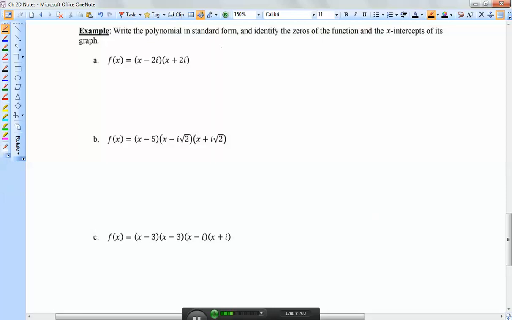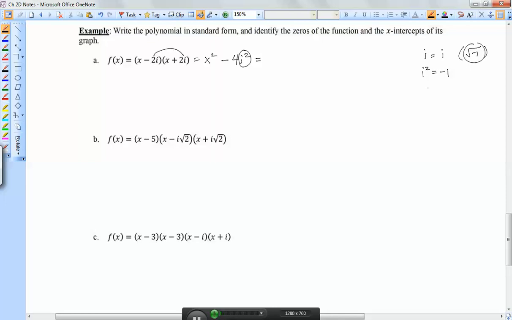So let's multiply this out. If we multiply the first two terms, we get x squared. If we multiply the outer terms, we get 2ix, but then I'm going to get negative 2xi, so those are going to cancel. And then the last two terms give negative 4i squared. Remember, i is the square root of negative 1, and i squared is this thing squared, so negative 1.